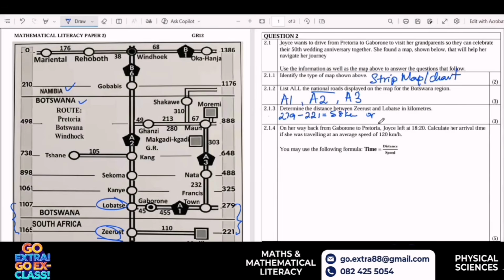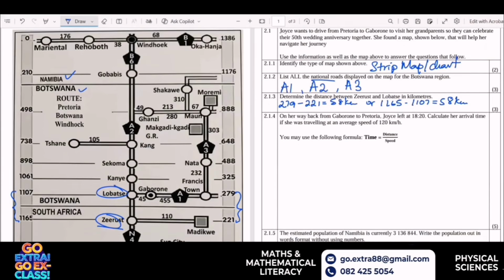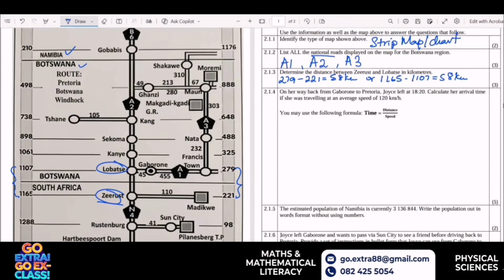Or you can use the other side on the right. When you're using the side on the right, the distance increases as you go this side. Therefore, you can also use 1,165 minus 1,107. So this is also supposed to give you the same distance. That is your answer for that one. You get your 3 marks by just writing any of these two.